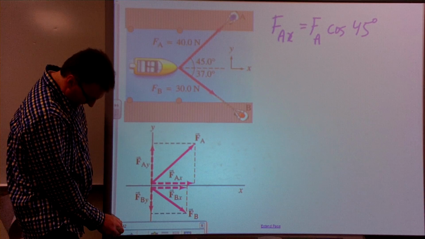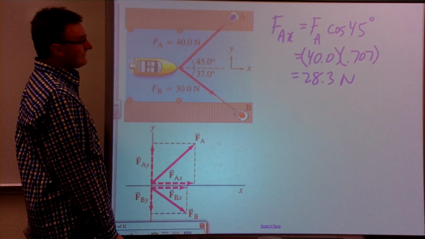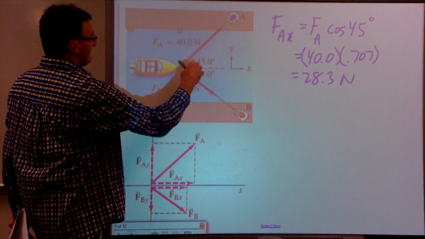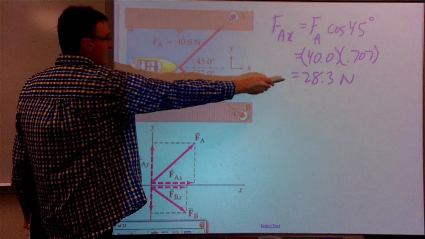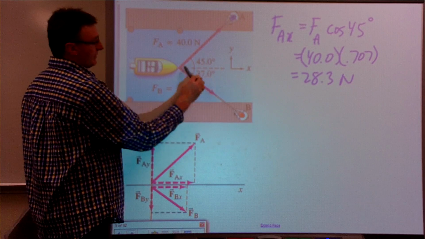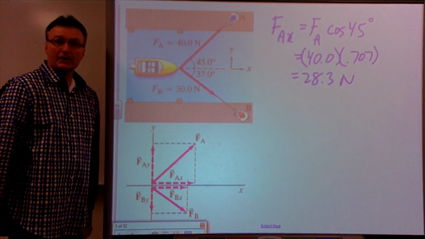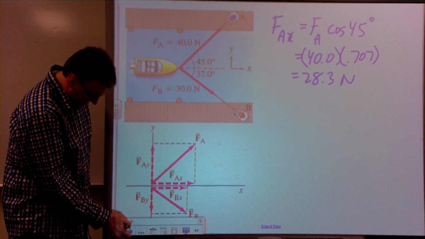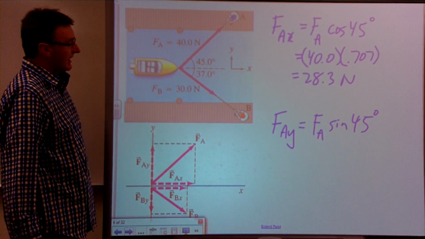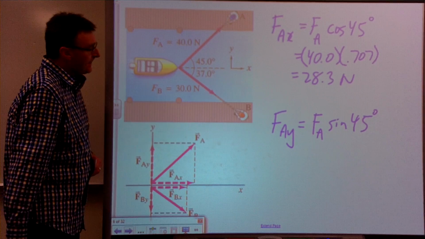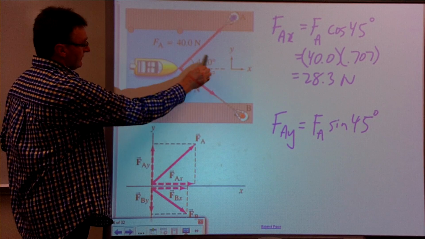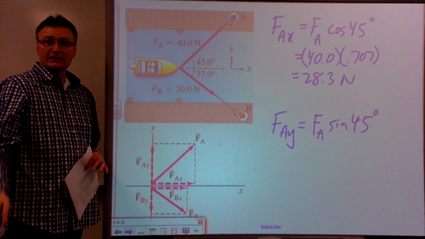That will be 40, the magnitude of force A, times the cos of 45, which is 0.707. So this component will be 28.3 newtons. Now let's find the y component of force A. The angle is still 45 degrees, but now we need the sine ratio.